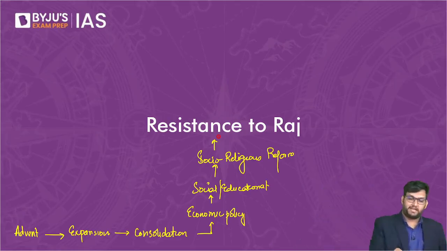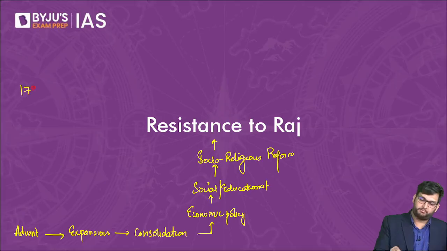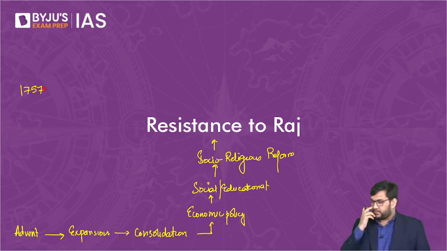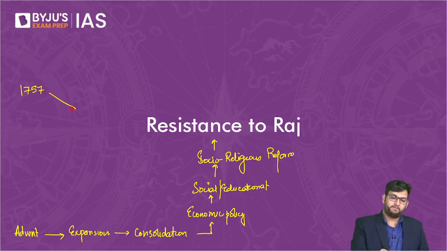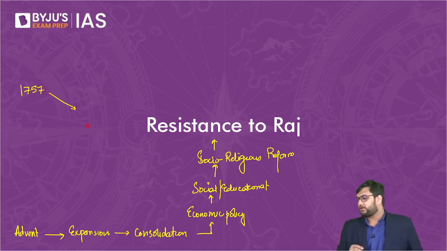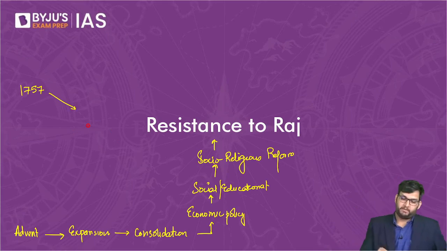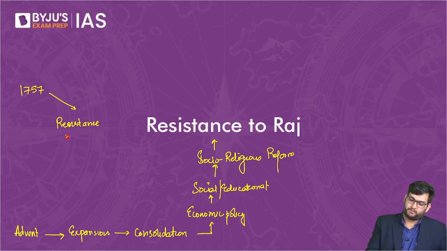The British had been here since, properly if we count it, 1757, and since 1757 itself there was a certain feeling that resistance was happening, but very fragmented. What do I mean by resistance?